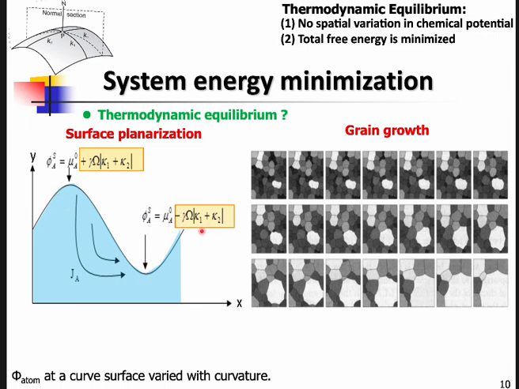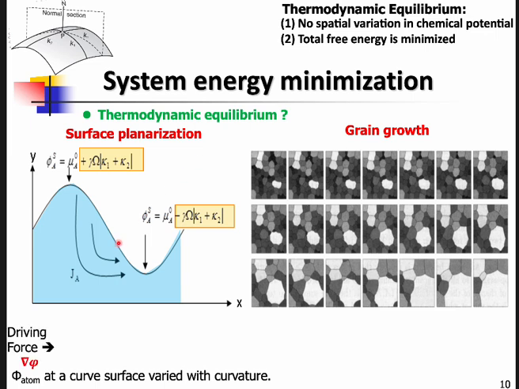Based on these results, we know the surface chemical potential in this material system, especially on the surface, varies with the curvature. So in this system, we do have a spatial variation in chemical potential.